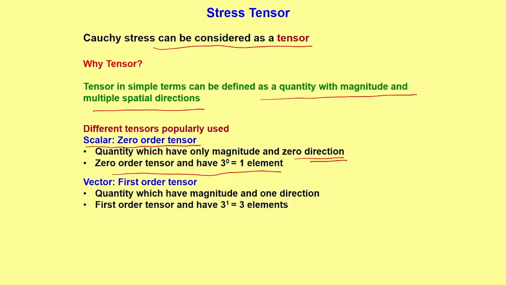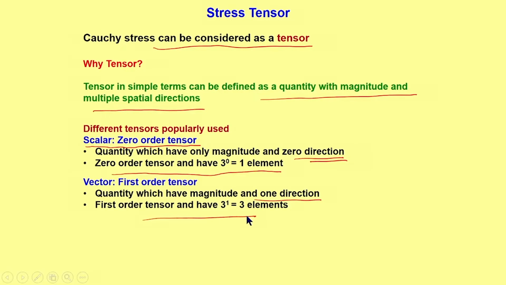The second one is vector, which is the first order tensor. Vector is a quantity which has magnitude and one direction. You can see that a vector has only one direction. Accordingly, the number of elements will be 3 raised to 1, which is equal to 3 elements.